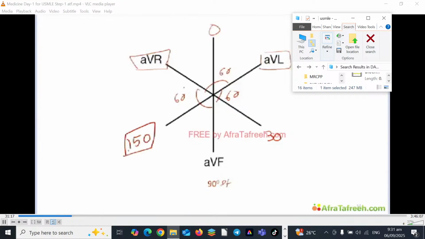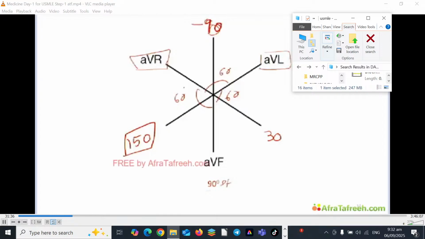Now, when we were discussing the 1, 2 and 3 electrodes, we said anything that goes above, that is above 0 degrees on that axis, would be labeled in negative. So when this is plus 90 degrees, this would become minus 90 degrees.